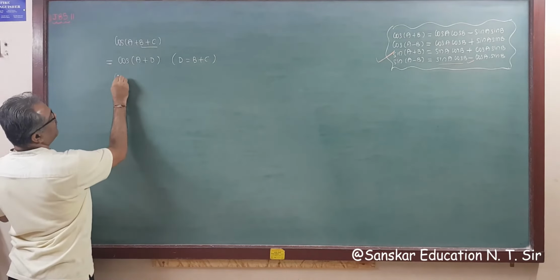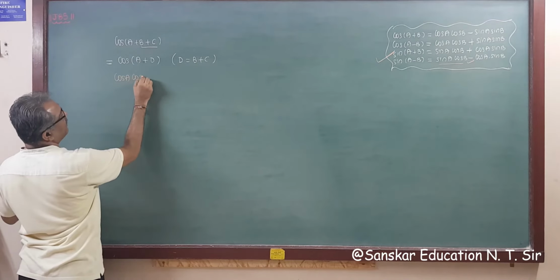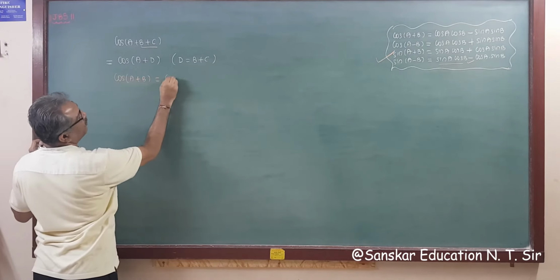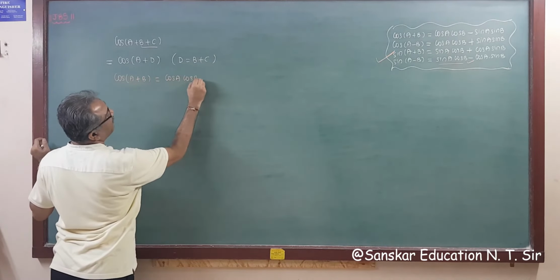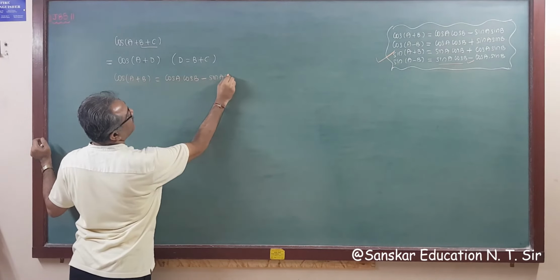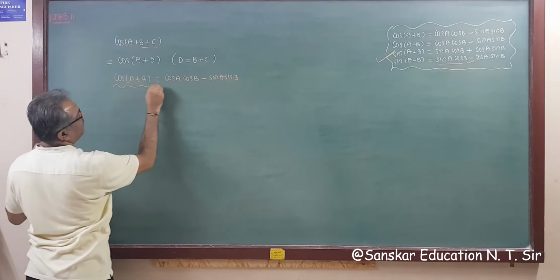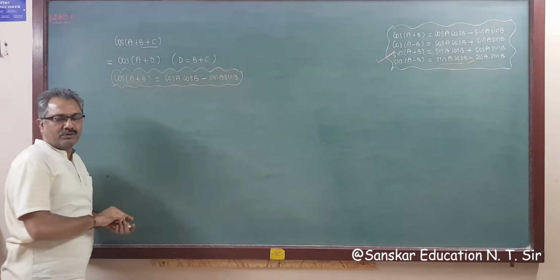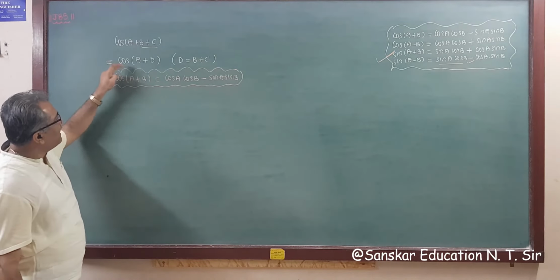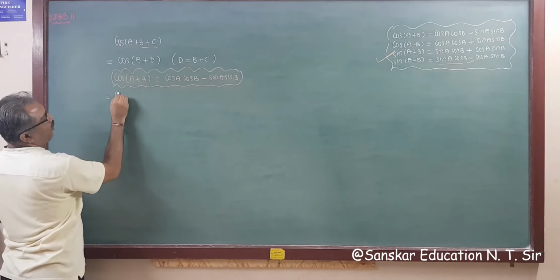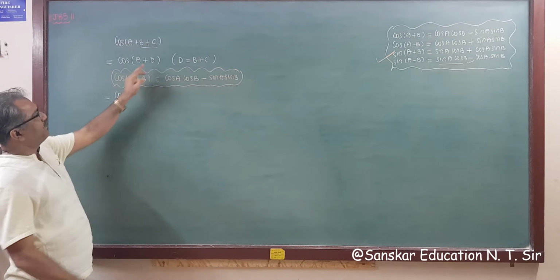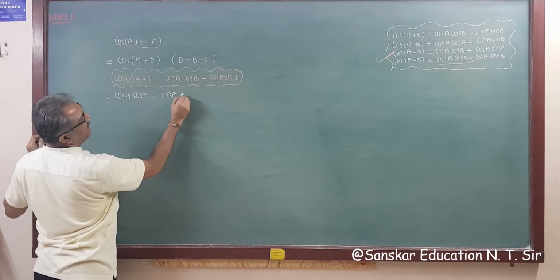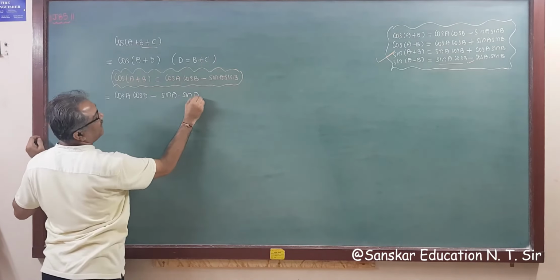So cos(A+B) is equal to cos A cos B minus sin A sin B. This is your formula, right? ये हमको यूज करना है। अब तो आपको पता चल गया होगा, हमने एग्जाम्पल भी सॉल्व किए। सो अप्लाइंग दिस फॉर्मूला, व्हाट वी गेट? दिस इज cos A cos D, that is cos D, minus sin A and sin D.